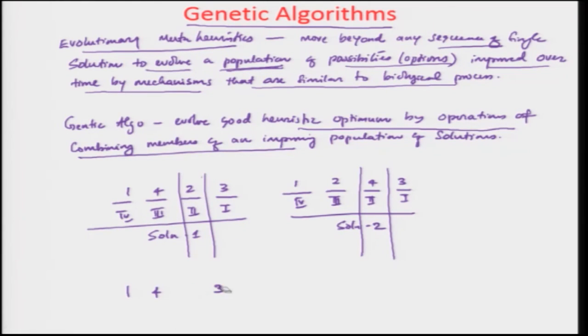So one option is to move 4 here and put 3, 2, which gives 1, 2, 2, 3. That is an unfeasible solution. So you can do 1, 2, 3 and 4.